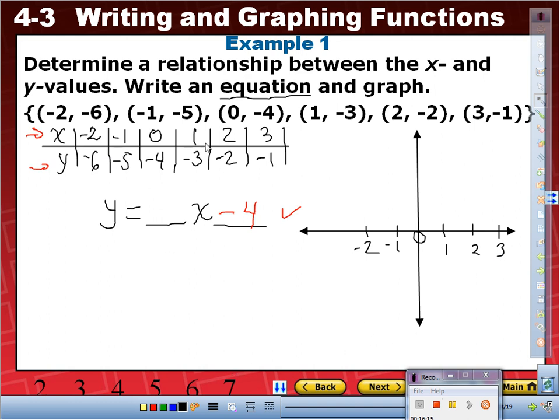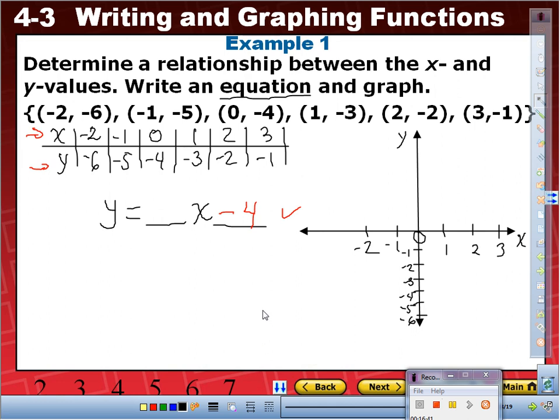Now, this is x. For y, what values do I need? -6, -5, -4, -3, -2, -1. So I'm going to start right here at -1, -2, -3, -4, -5, and -6. All right?